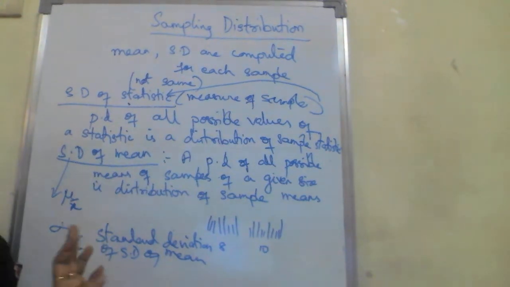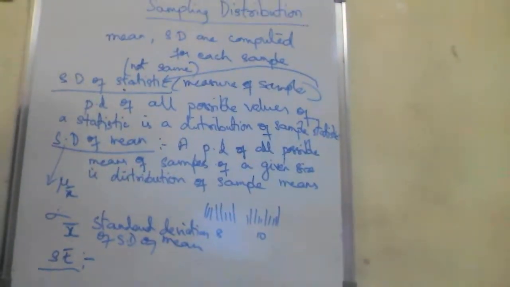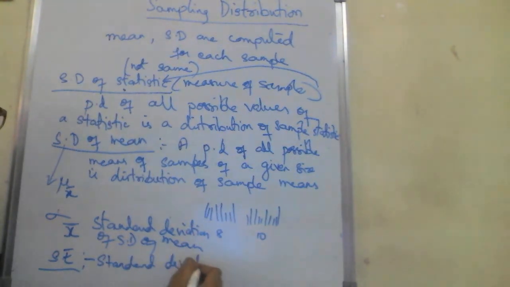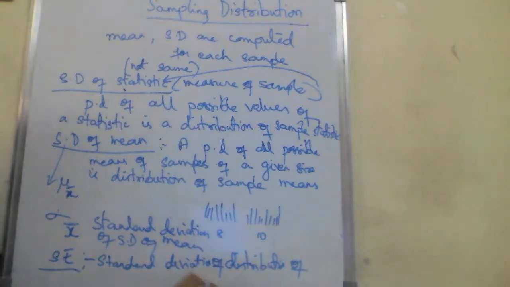So next is standard error. Standard error is the standard deviation of the distribution of the sample statistic, and it is called the standard error of mean.